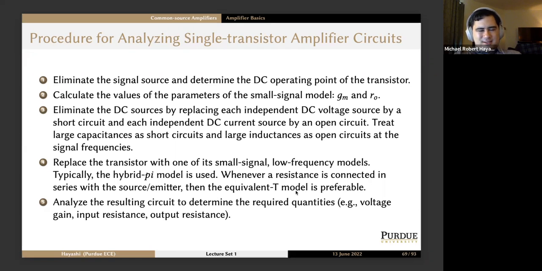As you can see, this is basically a procedure for making small signal equivalent circuits. So if you ever hear the small signal equivalent circuit, steps 2 through 4 deal with that.